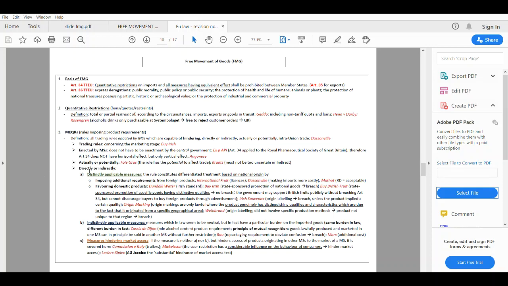We can see an example of a case where this ground was successfully pleaded was in the case of R versus Thompson, where it was held that the UK's ban on the export of silver coins clearly fall within this derogation and can be justified, because the purpose of the ban was to stop the coins from being melted down or destroyed.